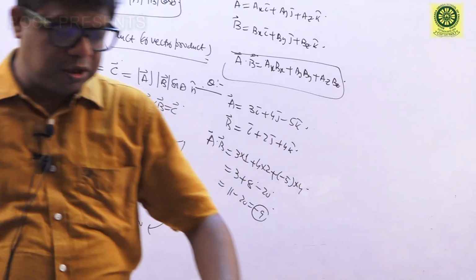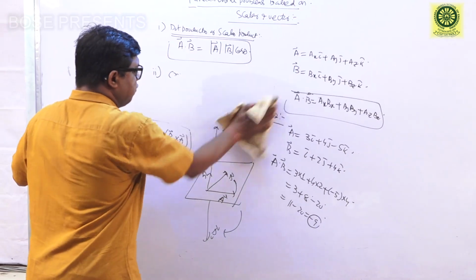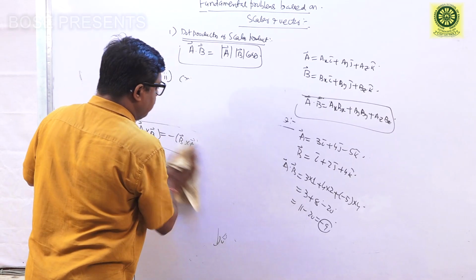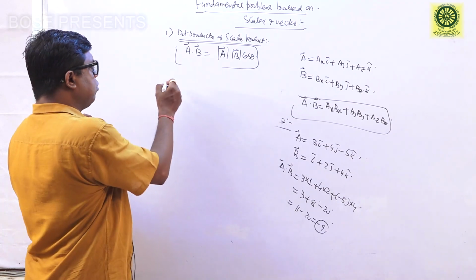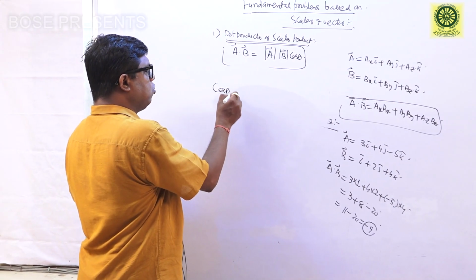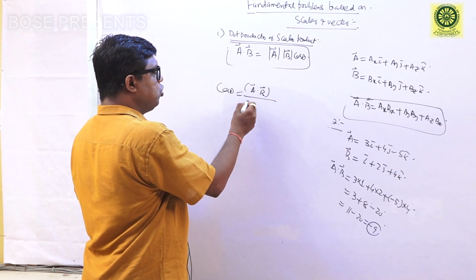And if you ask what is the angle between the two vectors, how to calculate the angle between the two vectors? The angle between the two vectors can be calculated by the following method. Cos theta is equal to A dot B divided by A magnitude into B magnitude.